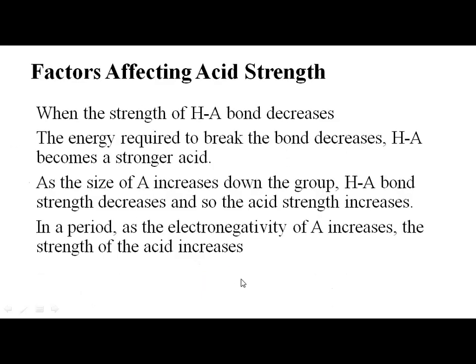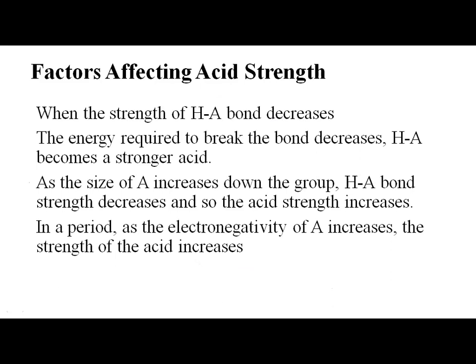Now, what are the factors which affect the acidic strength? When the strength of the HA bond decreases, the energy required to break the bond decreases, and HA becomes a stronger acid. When you require less energy to break the bond, it becomes a very strong acid.